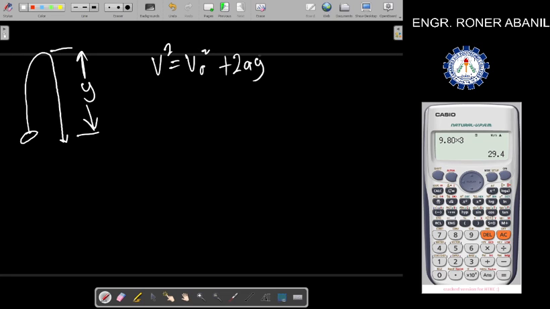So, para ma-isolate or simplify na lang natin yung y.